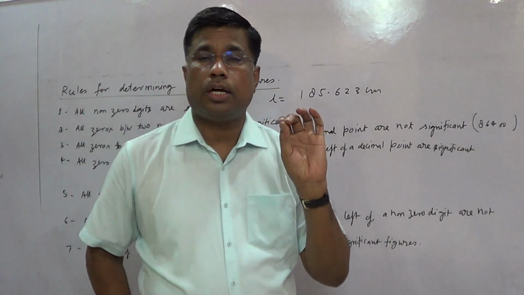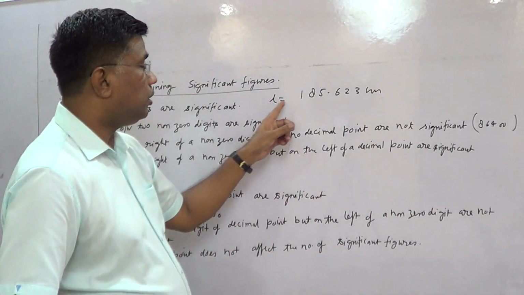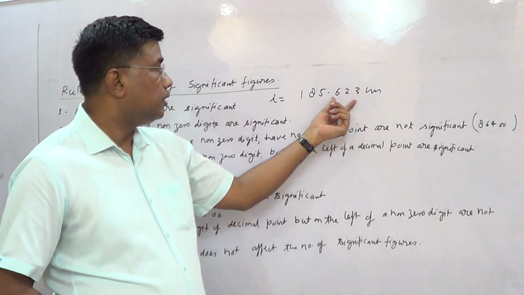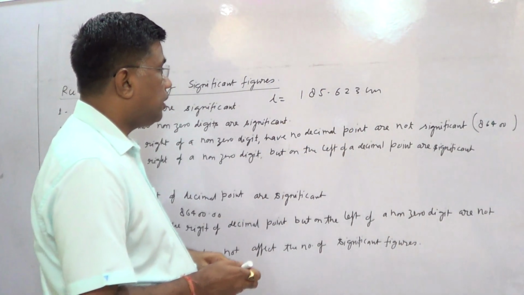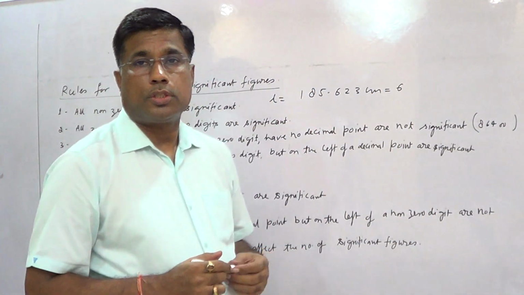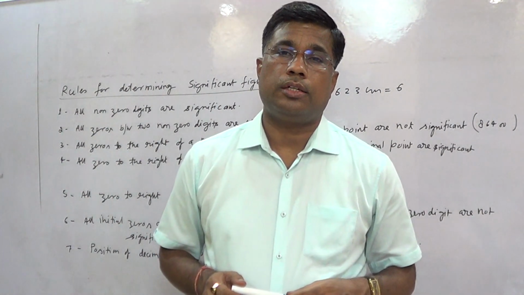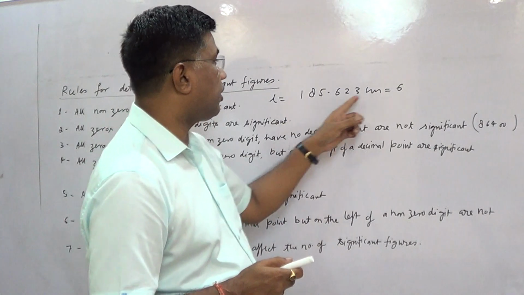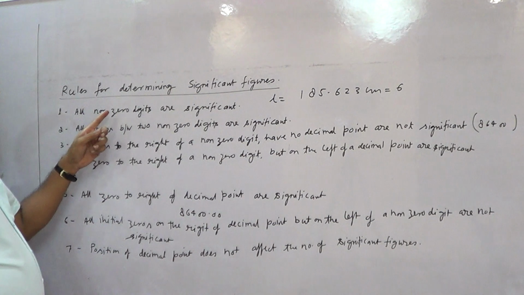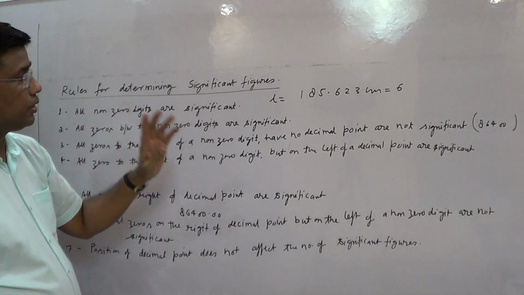All numbers written are non-zero, so all these 6 digits are significant. So the total number of significant figures in this measurement is 6. This first point is clear: in a measurement, all non-zero digits are significant.